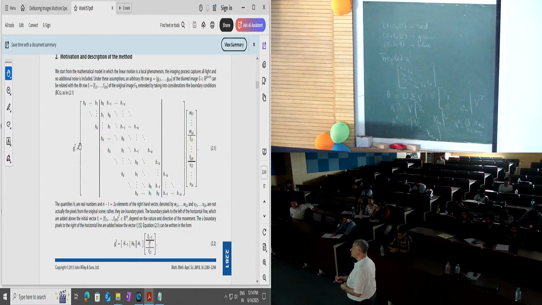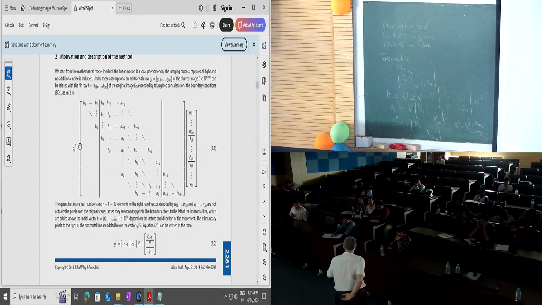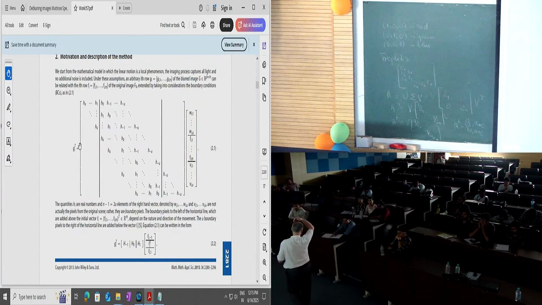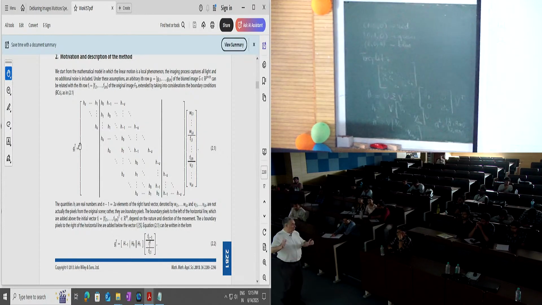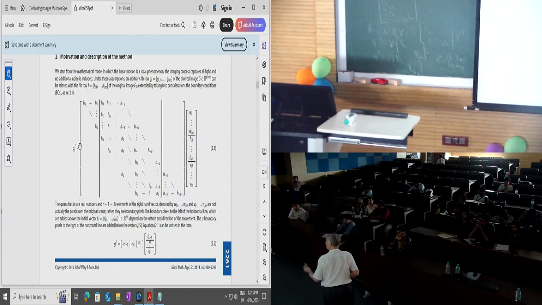Here we have two additional blocks, left and right, because if we have uniform motion, then an object is moving and you will have background in the photo. This background can be defined in many different ways. Some people will say 0, it is black. There are zeros.